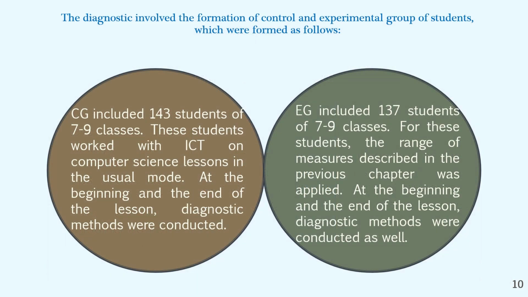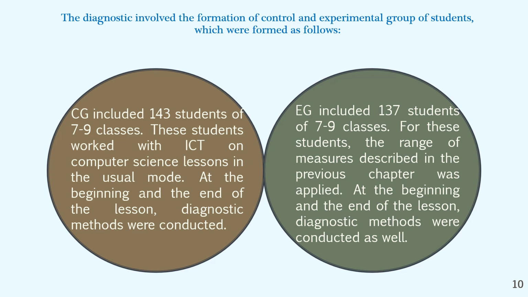The diagnostic involves the formation of control and experimental groups of students, which were formed as follows. The control group included 143 students of 7-9 classes. These students work with ICT in computer science lessons in the usual mode.